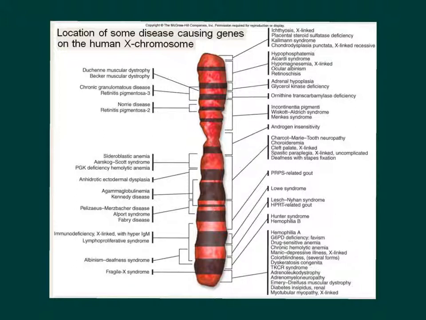For example, Fragile X syndrome, albinism deafness syndrome, immunodeficiency syndrome, Kennedy disease, Fabry disease, Duchenne muscular dystrophy, Becker muscular dystrophy.